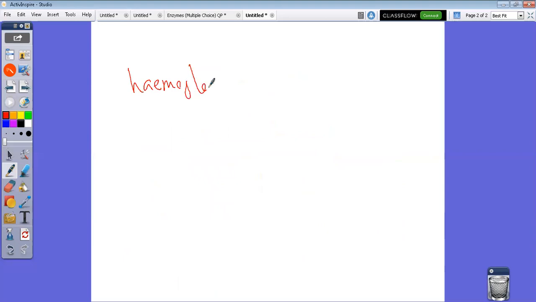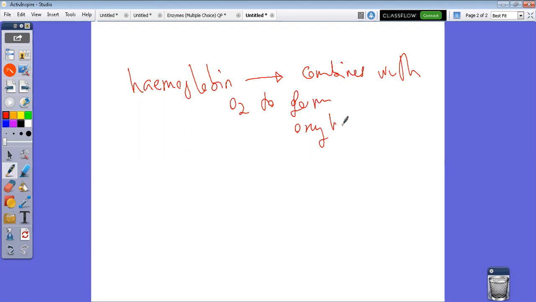So hemoglobin combines with oxygen to form oxyhemoglobin. In biology, that's what you call oxygenated blood. Clear? Oxygenated blood is oxyhemoglobin.